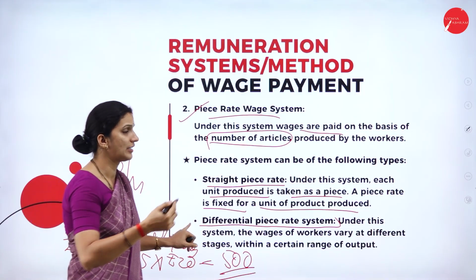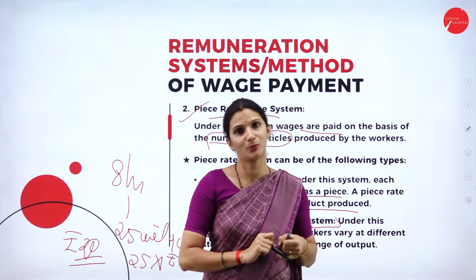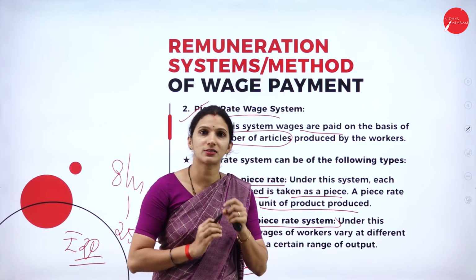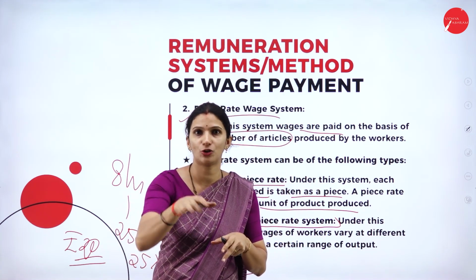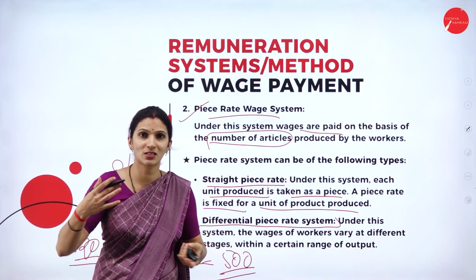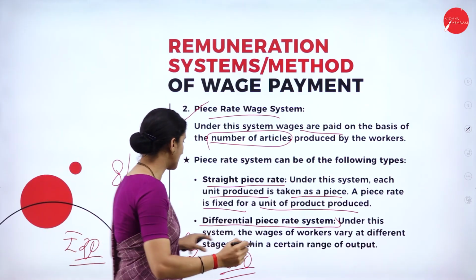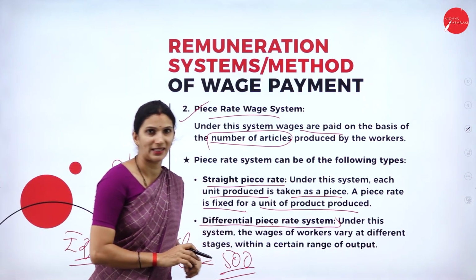Here a different unit rate is fixed based on the efficiency of the worker. If a worker works below the standard, he gets one rate. If he works above the standard, he gets another piece rate. That is the differential piece rate system.